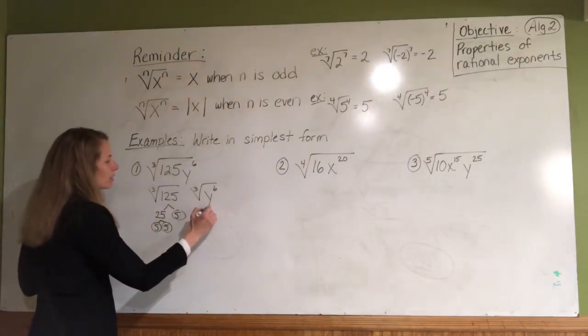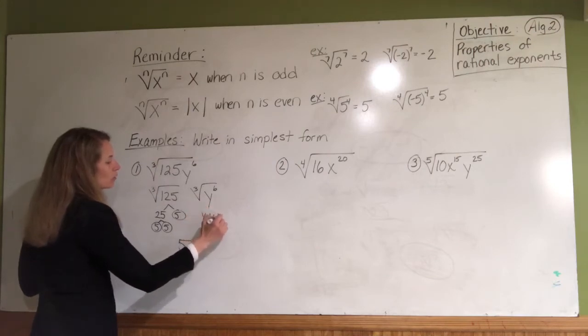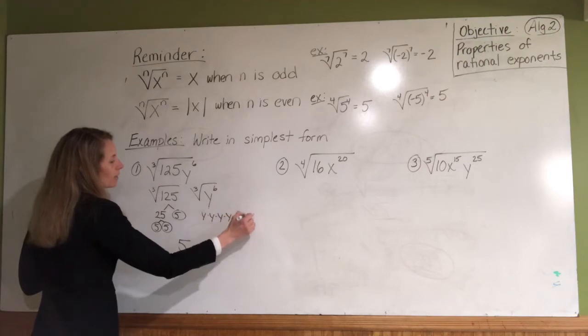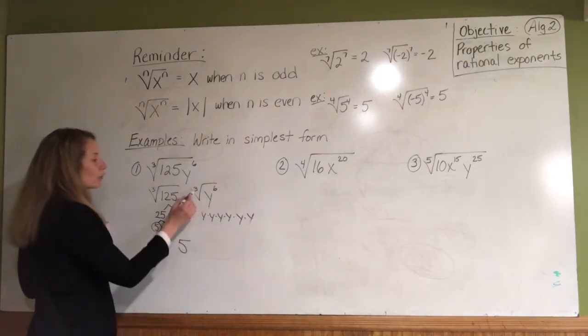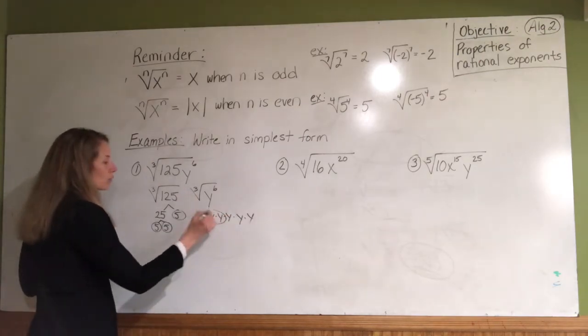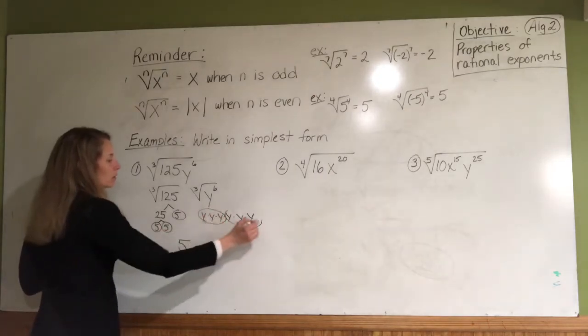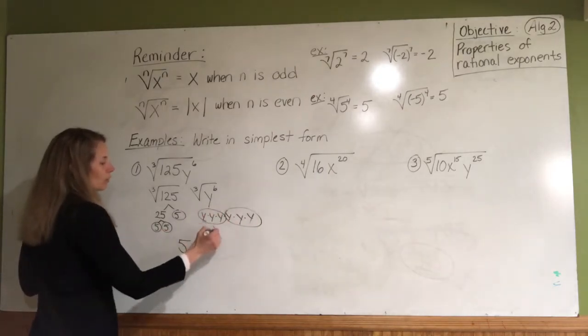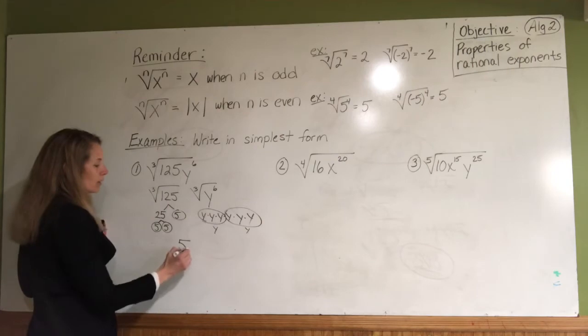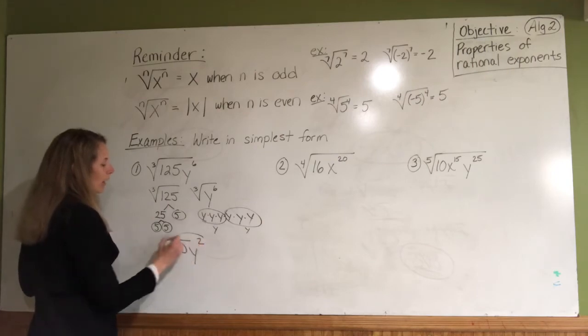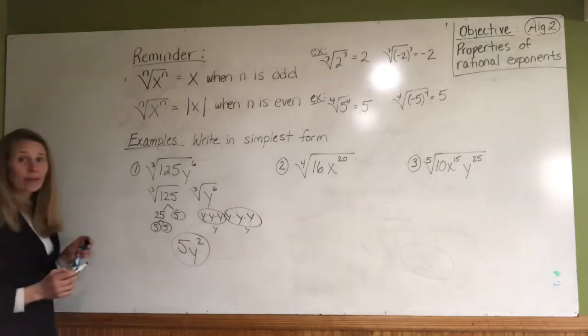Well, it means that I have 6 y's. 1, 2, 3, 4, 5, and 6, right? So if I need a group of 3 to take one out, well, here's one group of 3. Here's another group of 3. So I'd have a y come out for each one, so that would give me 5y squared as my answer.